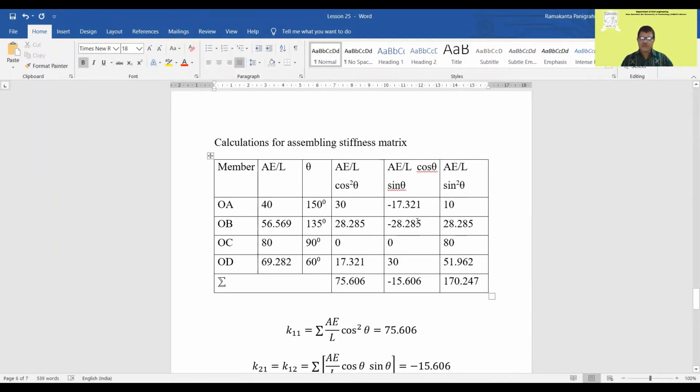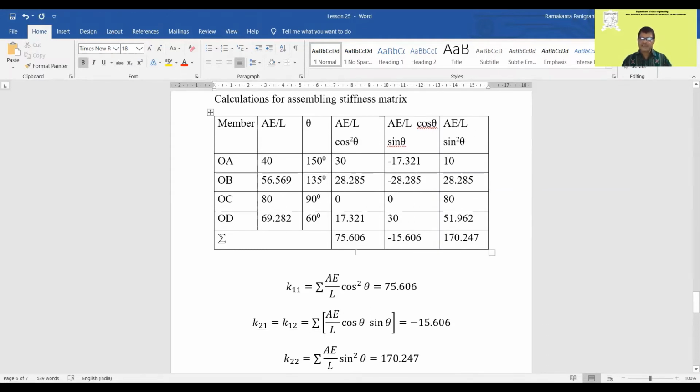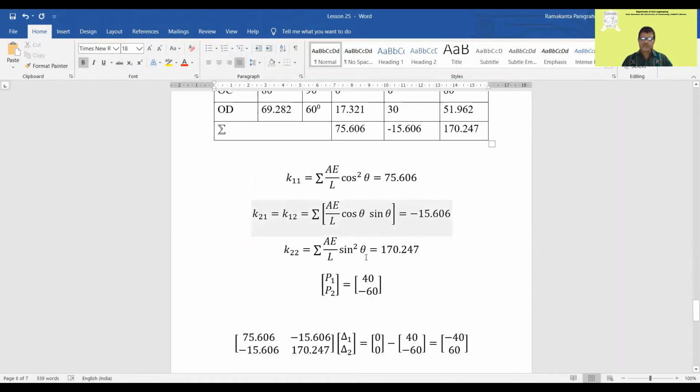And K21 is cos theta into sin theta. If you apply in the vertical direction, it will be AE by L sin square theta. These are the member stiffnesses, and for the members meeting at a joint, you make the summation. By summation you'll find K11, K21, K12, K22.